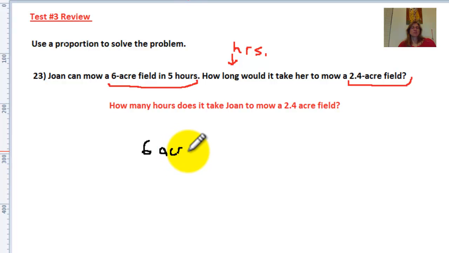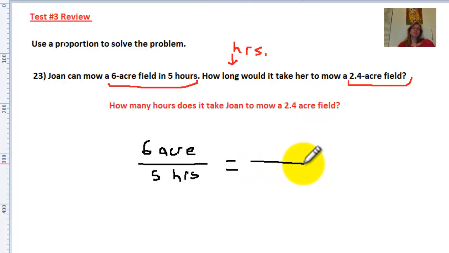So 6 acres in the 5 hours. So she's going at this particular rate. This is her normal rate, and now she's going to mow 2.4 acres. We simply put that with the acres on top of the problem.